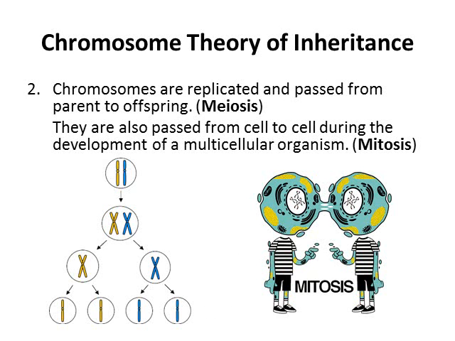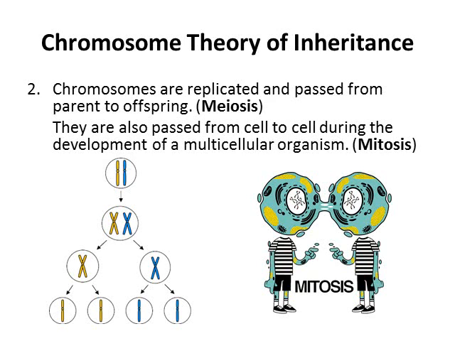The second part has to do with the 2 types of cell division. One of them, we know that chromosomes are replicated and passed down from parent to offspring, and we know this occurs in meiosis, which we went through in chapter 15. Chromosomes are also passed on from cell to cell during the development of a multicellular organism.